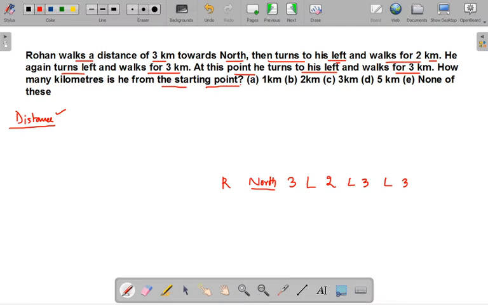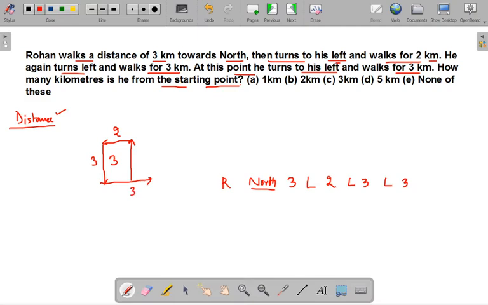Goes north 3 kilometers, left for 2 kilometers, left for 3 kilometers, left for 3 kilometers.